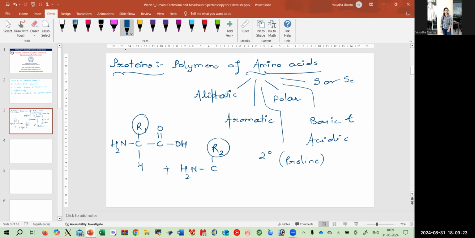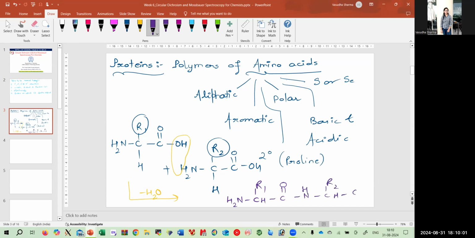These are alpha amino acids, and the COOH would undergo a condensation with loss of a water molecule. After this we will have C double bond O, NH, R2, H, and COOH.